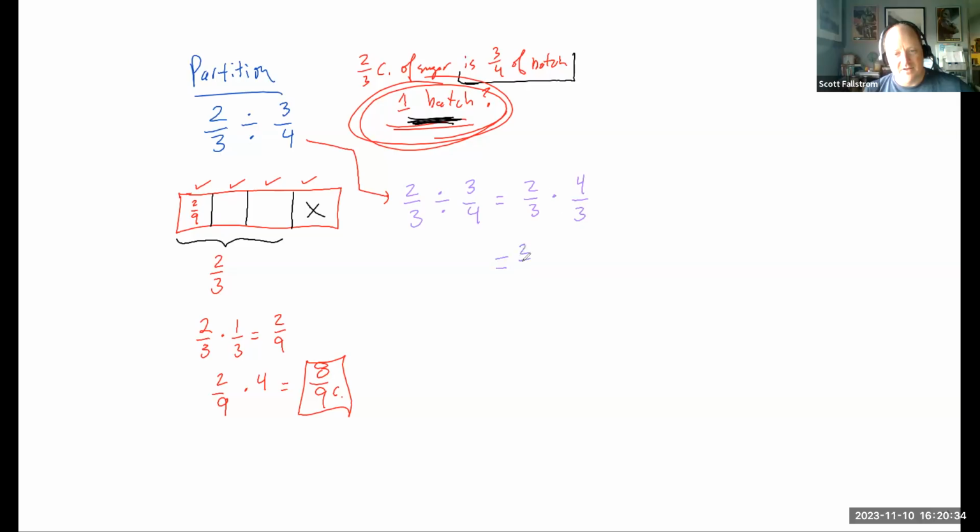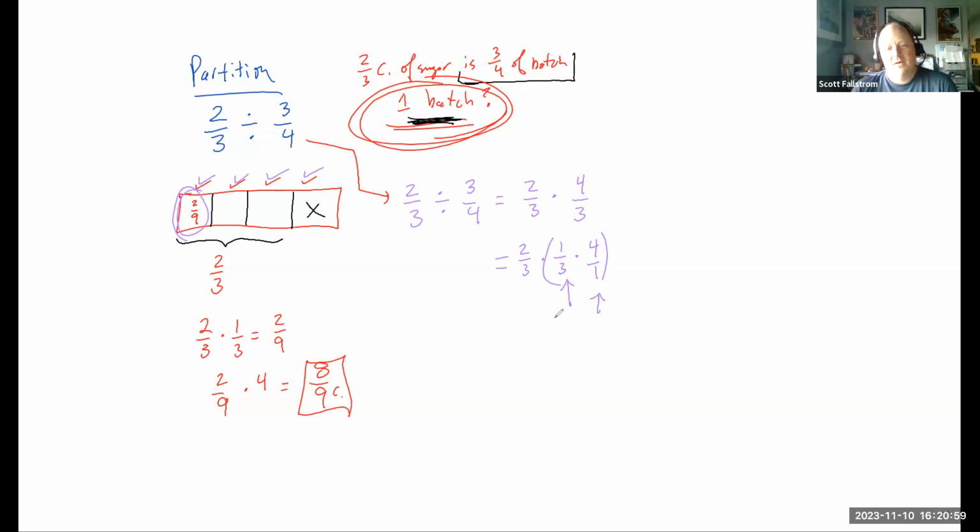So this is the same thing as 2/3 times 1/3 times 4 over 1. So all I'm doing is breaking this up to show in the model, all I did first is I found 1/3 of my amount, and that's what I needed here. And then I knew that I needed 4 pieces to make one whole batch, and that's why I multiplied by 4.